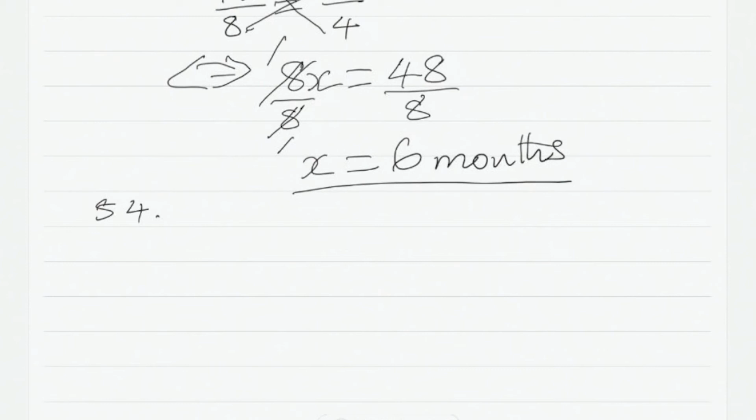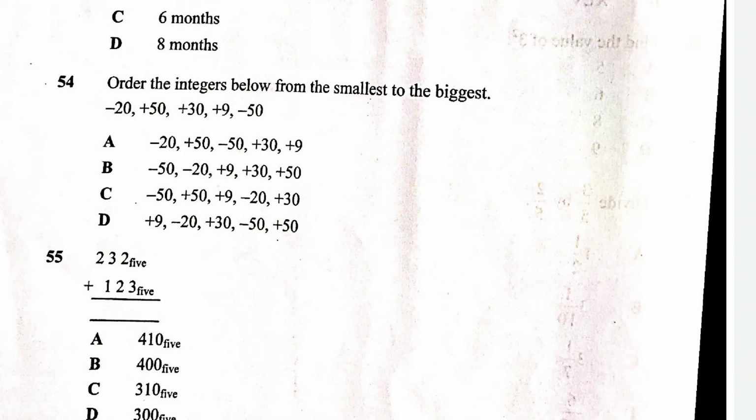Order the integers from the smallest to the biggest. So that is negative 20, positive 50, positive 30, positive 9, negative 50.